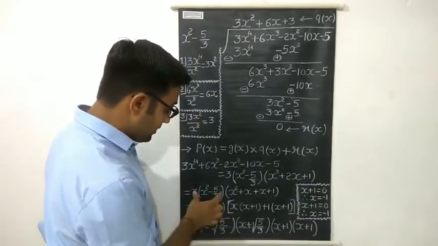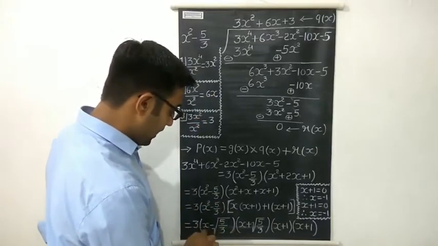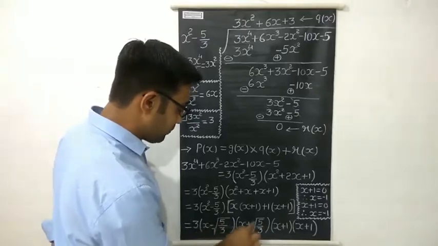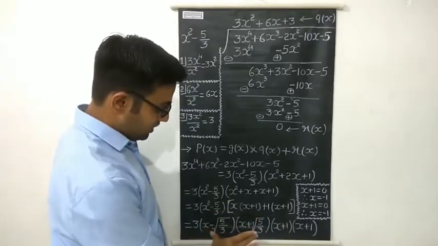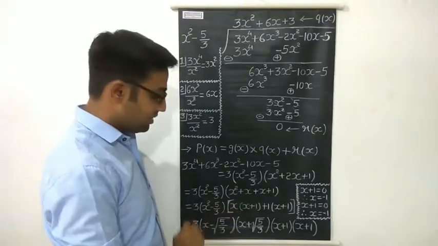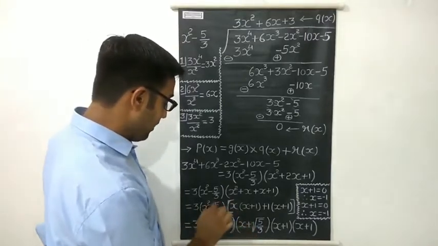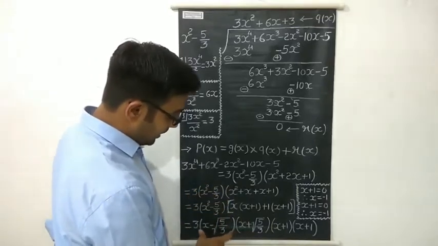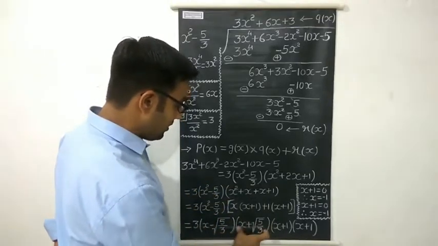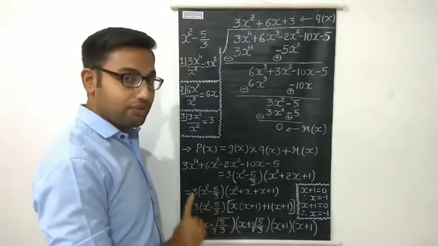By factorizing this, we get x minus root 5/3 and x plus root 5/3. This portion we have already shown in the previous sheet; by multiplying this, we get this polynomial. By comparing these with 0, we get the two zeros that were given in the question.